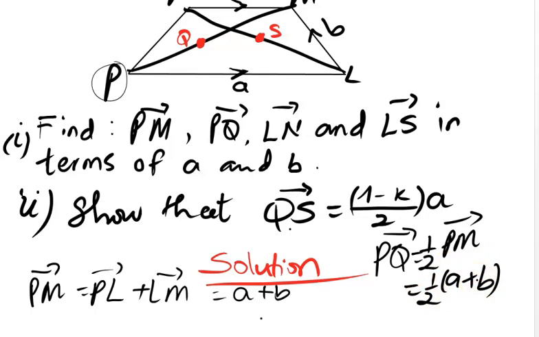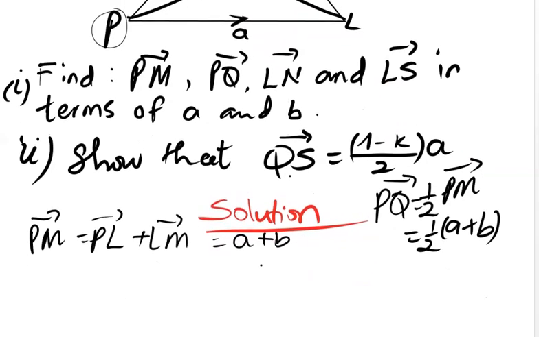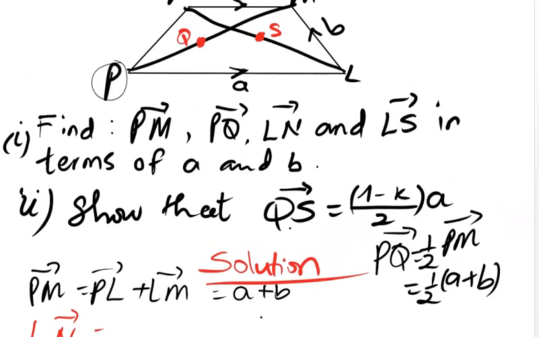Equally, we are asked to obtain LN. LN means from L to N. Looking at our diagram, you start at L. When I say LN, we must go from L to M, then M to N. L to M is B. We know that N to M is Ka, so M to N, going against the arrow, is negative Ka.